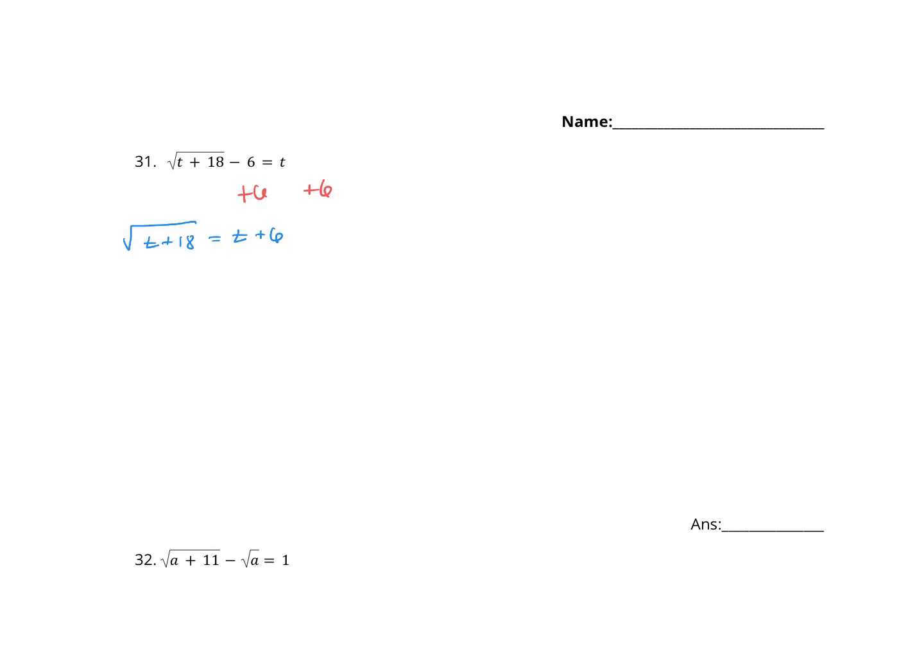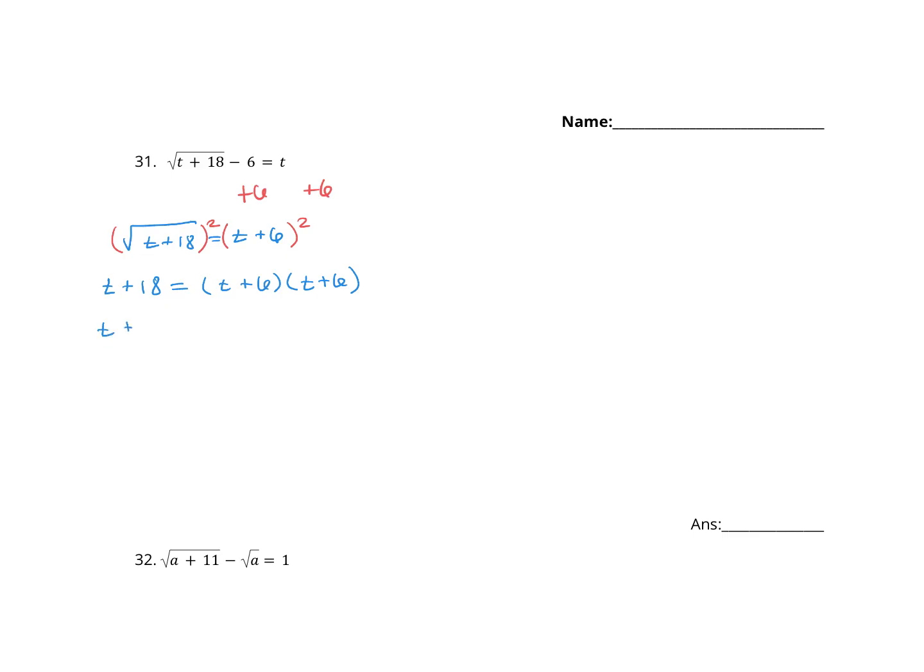The next step is to square both sides of the algebraic equation. So on the left, you do get a t plus 18 because the square root cancels. On the right, however, be very careful. That is t plus 6 times another t plus 6. We can't just throw that 2 onto the t and 6 because we won't get the right amount.